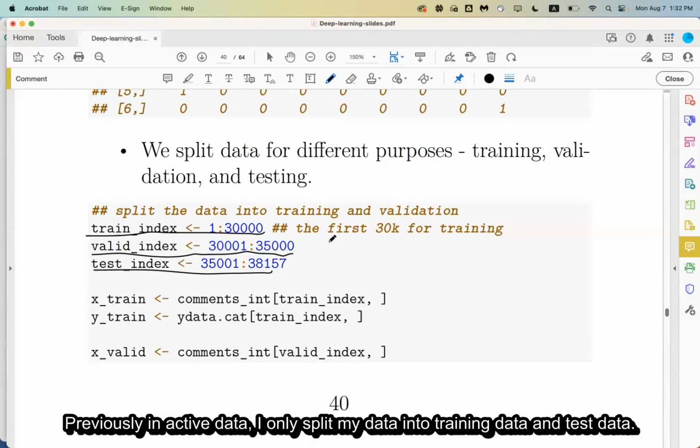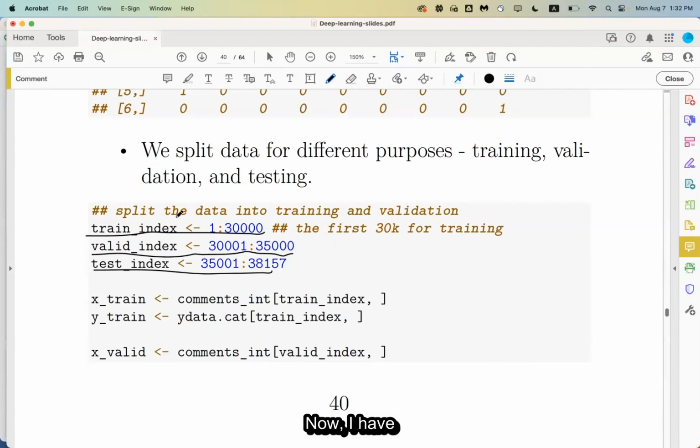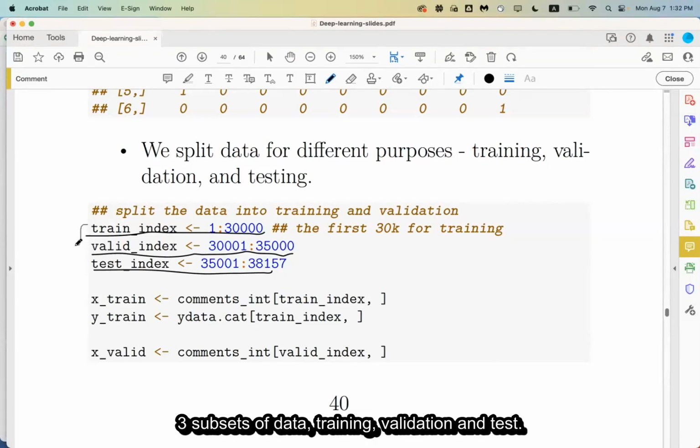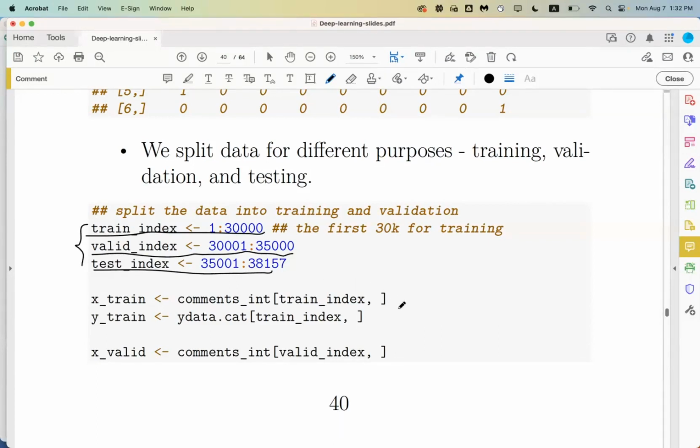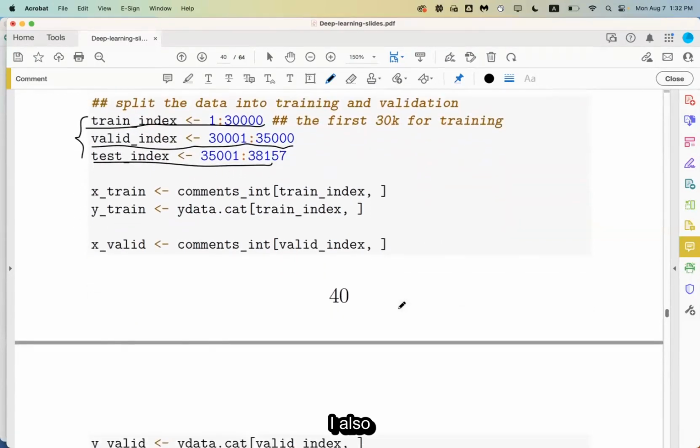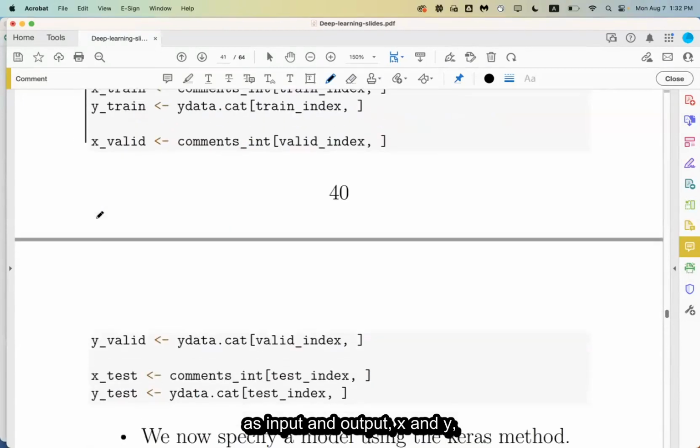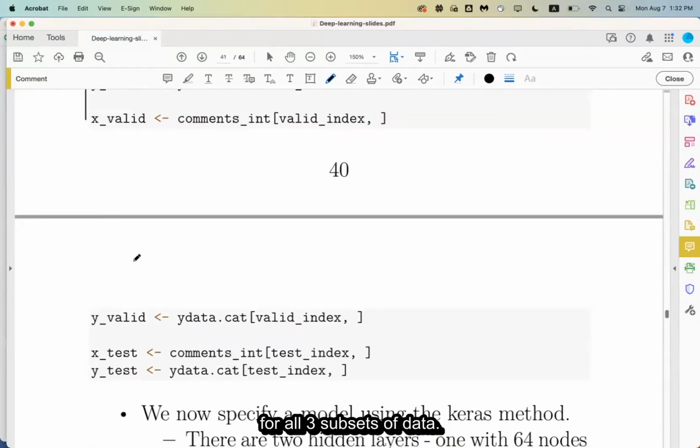Previously, I only split my data into training data and test data. Now I have 3 subsets of data: training, validation, and test. I also take out my data set as input and output, X and Y, for all 3 subsets of data.